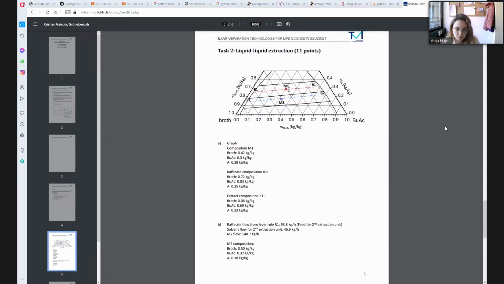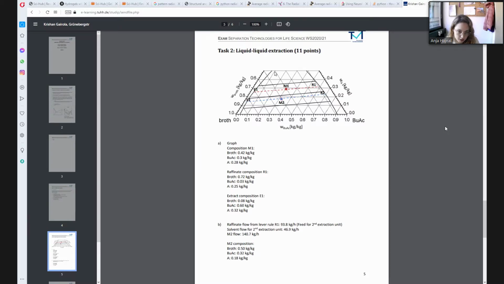What we can read, if we go to the right, is the mass fraction of the antibiotic. Here we read approximately 0.28. When you go down this line, we read butyl acetate, where the concentration is 0.3.